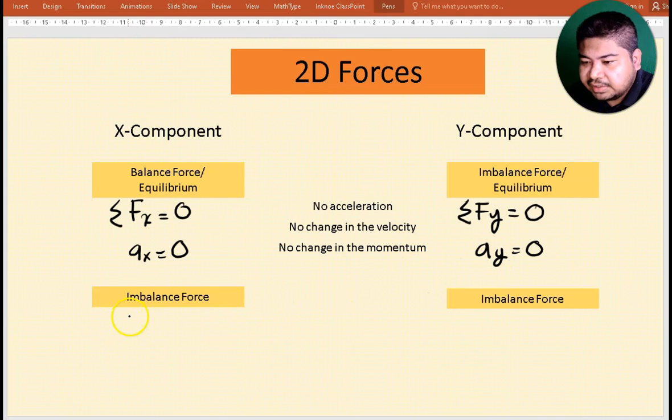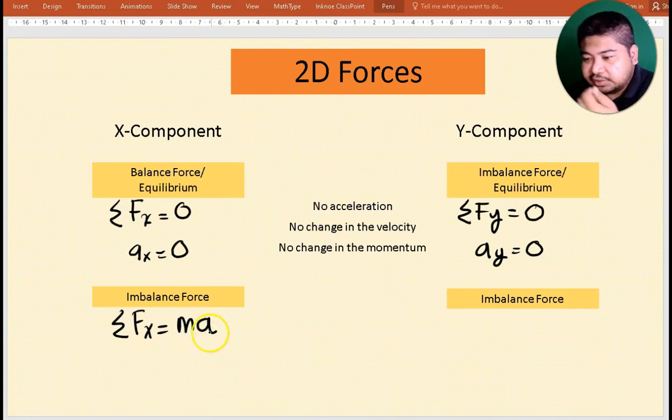Unbalanced force implies that when you add all the forces in x and it is not 0, the magnitude of the force is equal to the mass of the object times the acceleration of the object. So in this case you have an unbalanced force. The same goes for the y-axis.